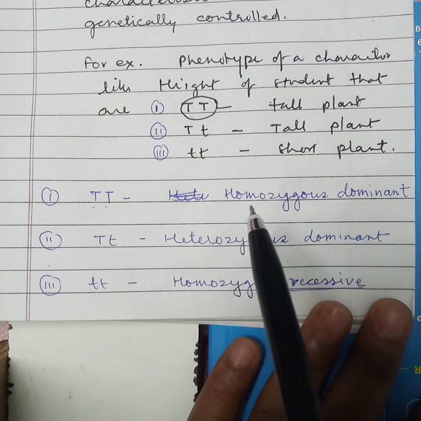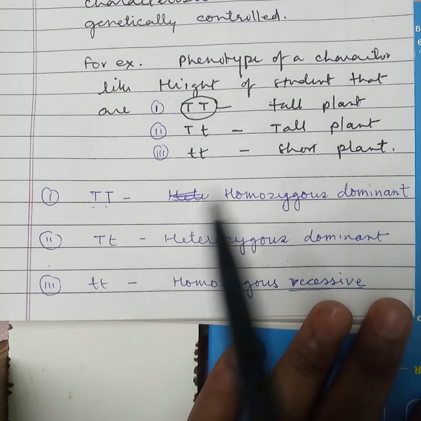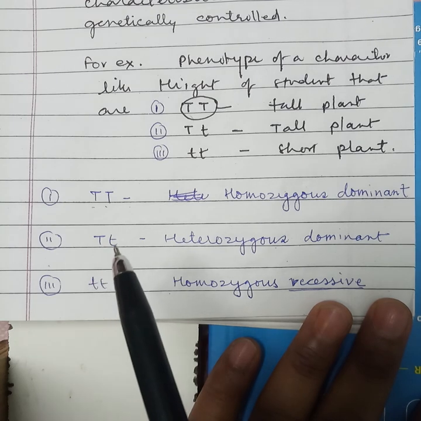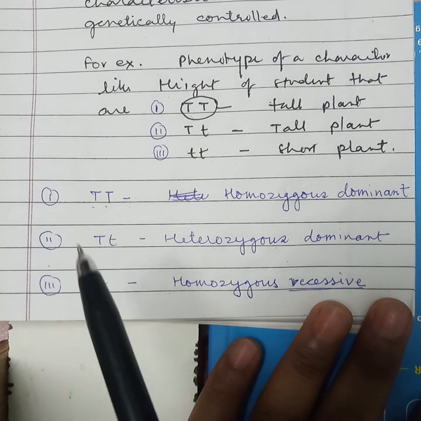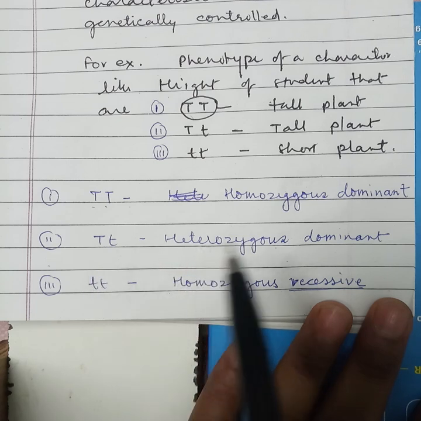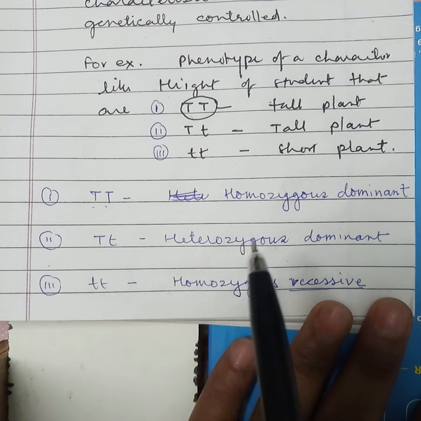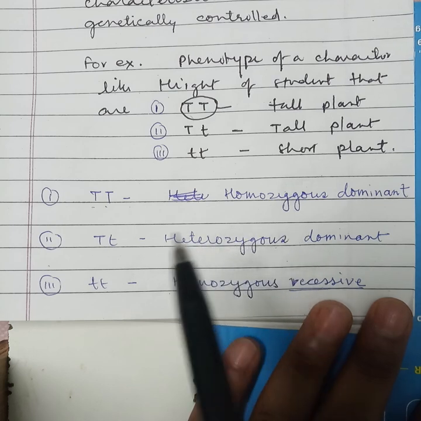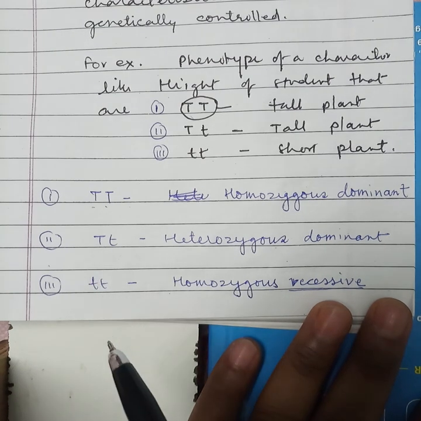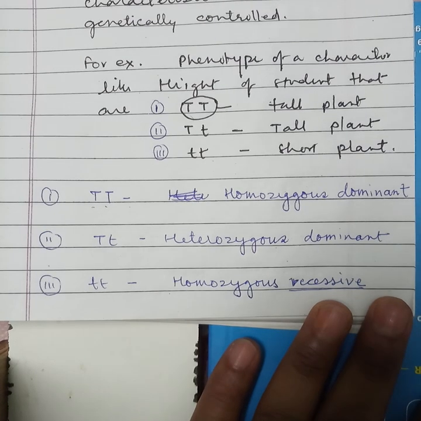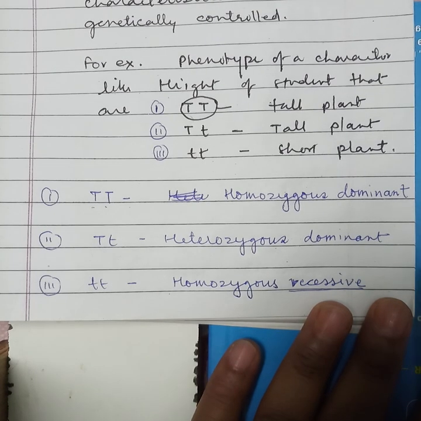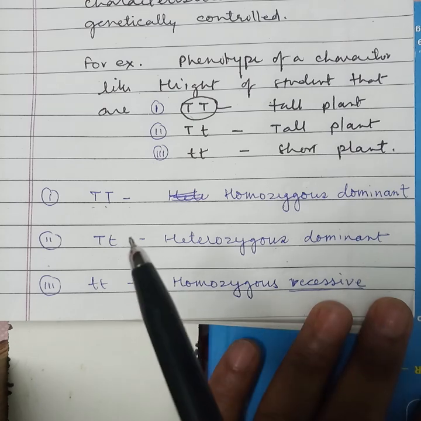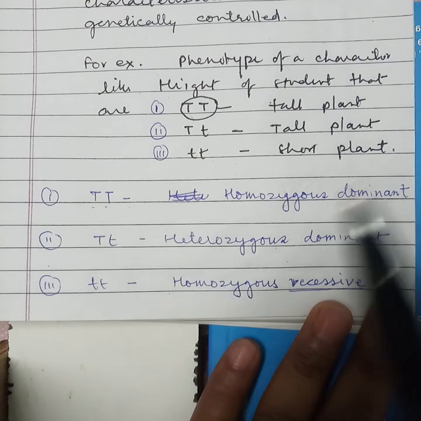Homo means similar, zygous means genes. Second example, capital T, small t. Both the alleles are different, so it is heterozygous, a different set of genes. But here again it will be dominant, because one capital T is present, which will express its effect by suppressing the effect of small t.